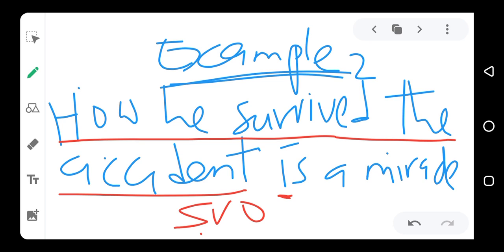The verb is. How he survived the accident, so this is the subject in the sentence. The noun clause is acting as a subject in the sentence.